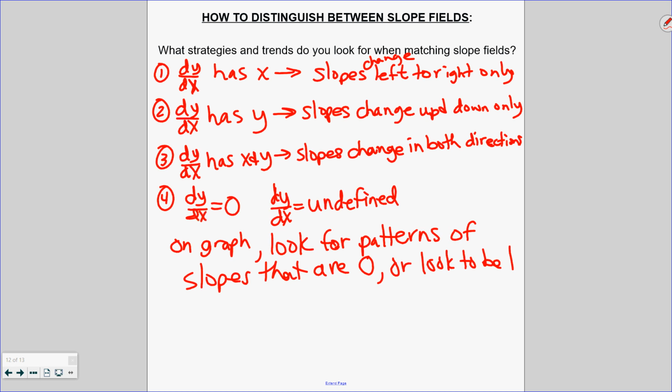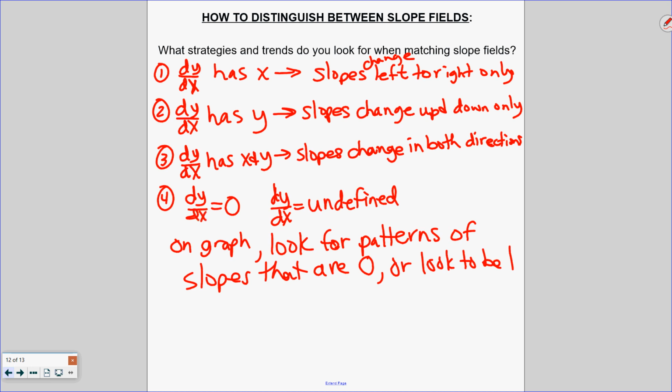You're going to see if maybe diagonally all the slopes are 1s, or maybe diagonally they're all 0s. If I look through that, I can see a pattern there and then match up which equation would have that happen at those points.